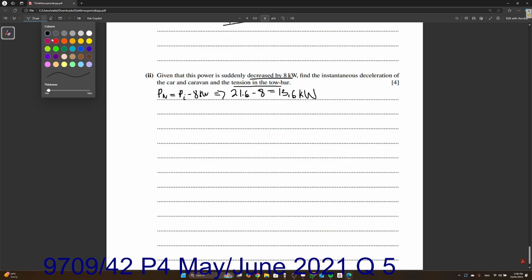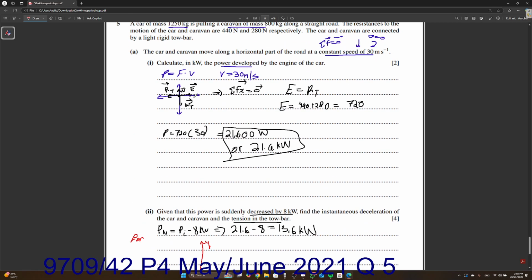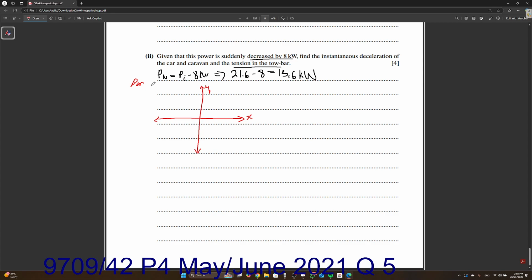To do this, I recommend you draw the FBD. So let's draw our FBD. Over here we have our Y and X. I'm going to say this is for the car, the big one. And then here is for the caravan, again with Y and X. Let's start.